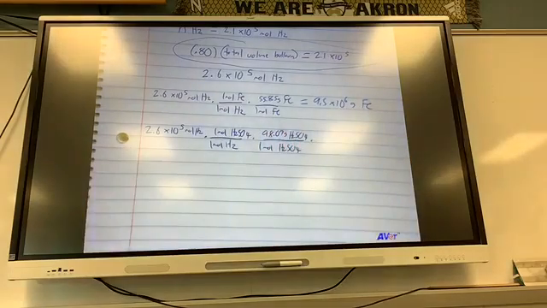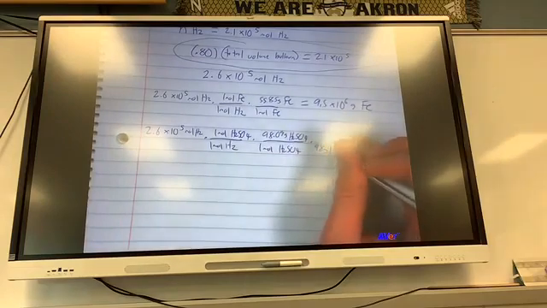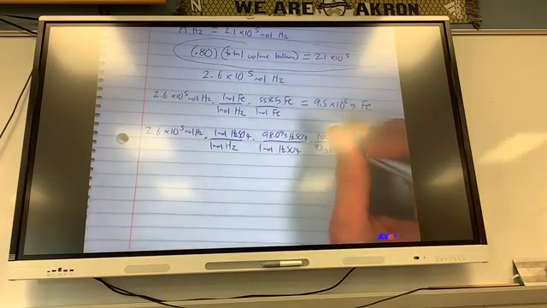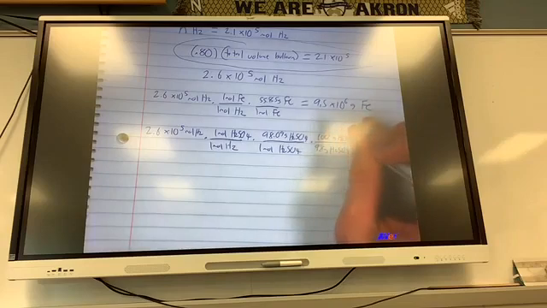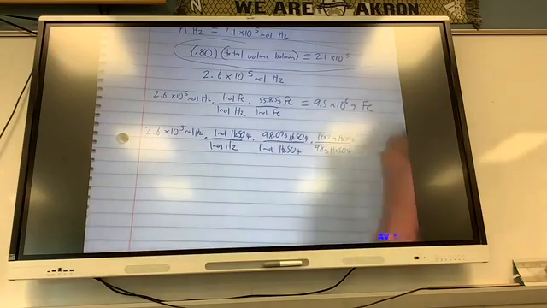But what percent H2SO4 am I getting? Only 98. So I'm only getting 98 grams of H2SO4 out of every 100 grams. So that's my 98%.